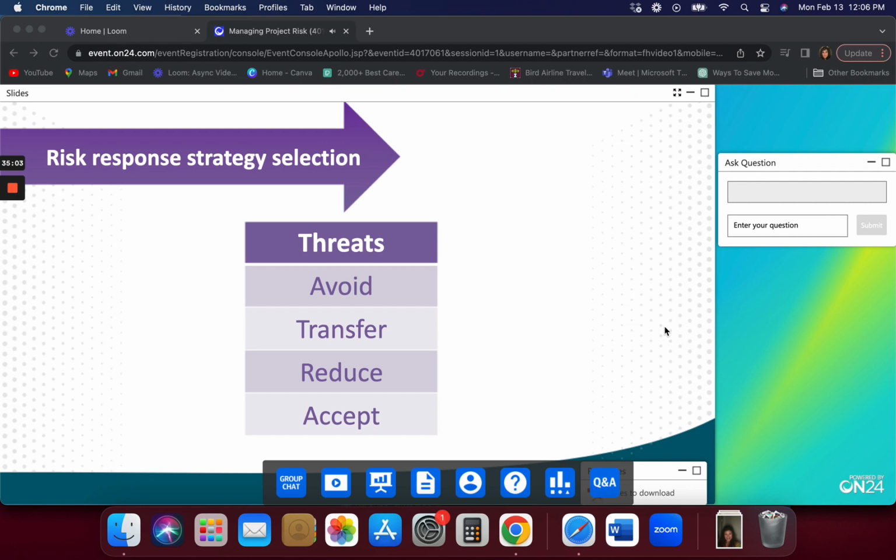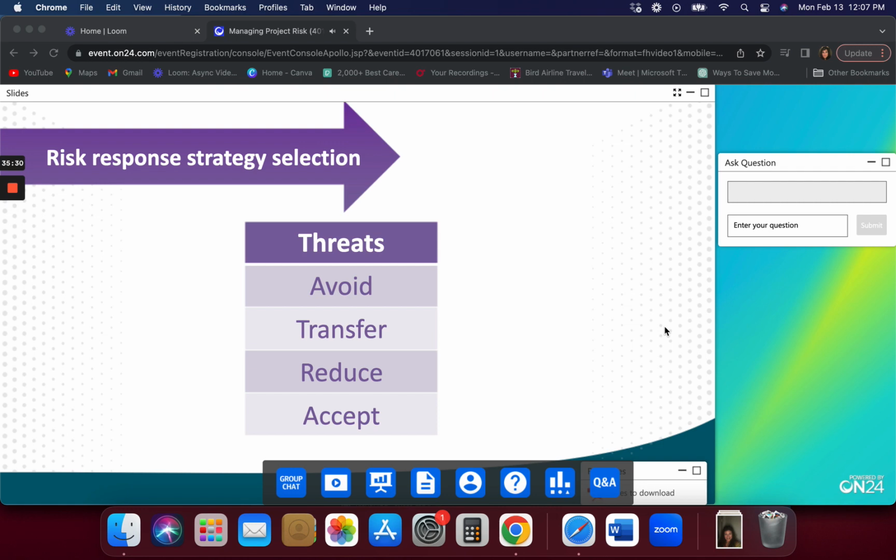You've got a third-party service provider doing a particular work for you, and you have penalty clauses. If they fail to deliver, they've got to pay you the penalty. But those penalty clauses are not suddenly going to make that deliverable appear out of thin air. So you've still got the risk, even if you've got the penalty there. So you've got to be very careful about transfer.